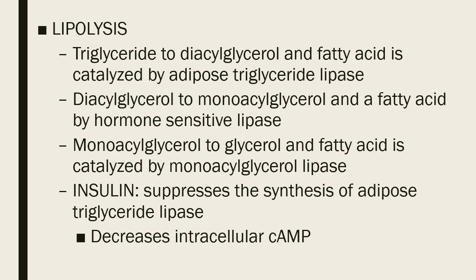With this, adipose triglyceride lipase will hydrolyze your triglyceride to produce diacylglycerol and fatty acids. Then the diacylglycerol is further hydrolyzed to produce monoacylglycerol and fatty acid, and this is catalyzed by hormone sensitive lipase.